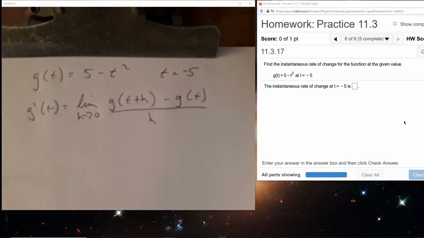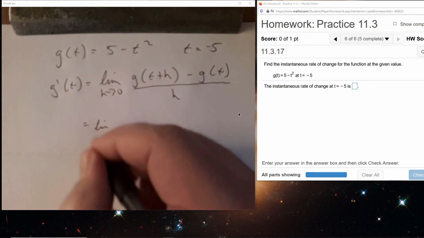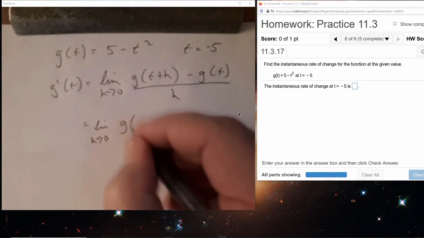All right, so here's the setup for the final problem here, number 6. G of t, 5 minus t squared. Our point of interest is minus 5. And then here is the derivative definition. And I'm going to start with the less work way, and that is to start with the number.